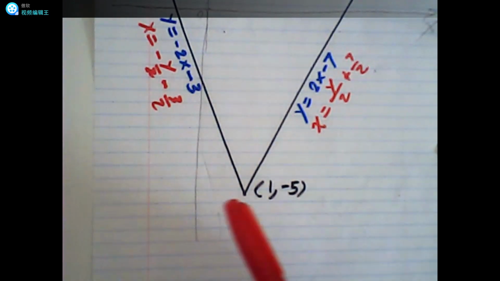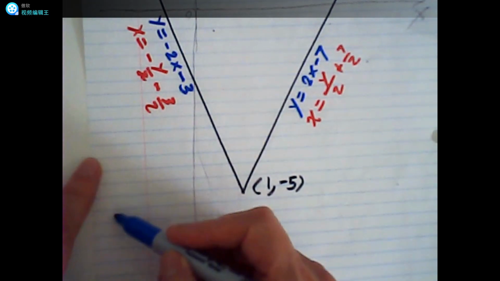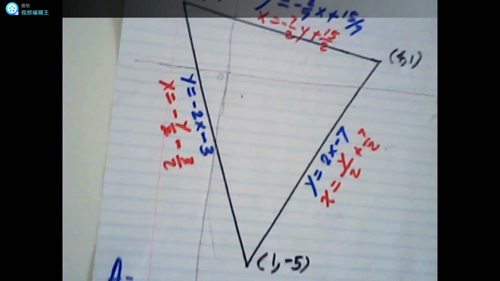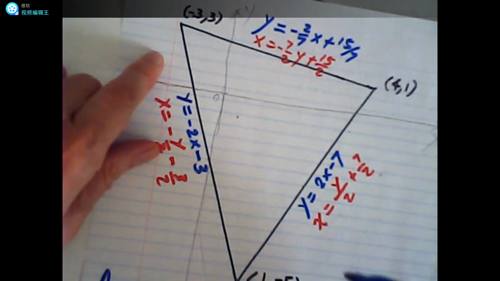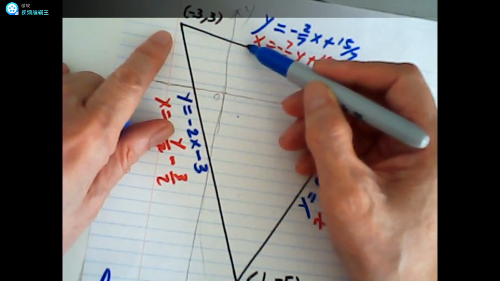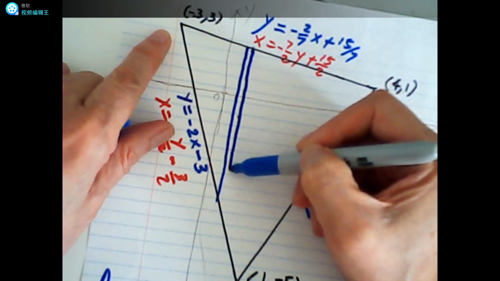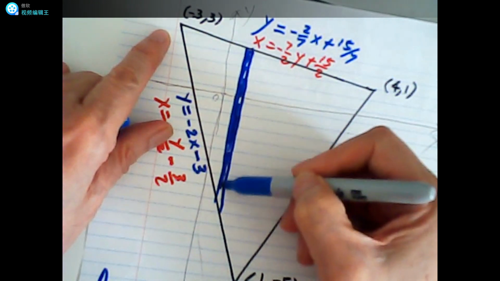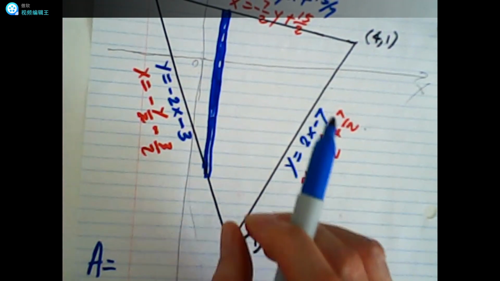Now, if I want to find area using x as an independent variable, that means I'm choosing a very small slice.